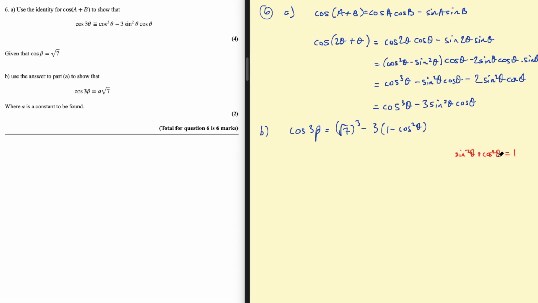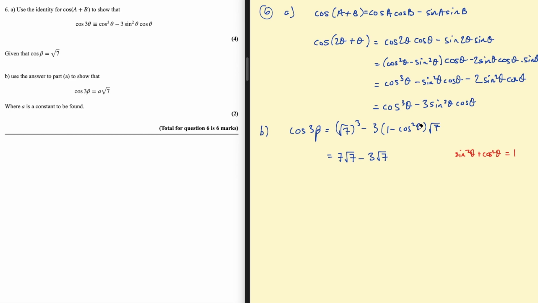So sine squared equals 1 take cosine squared. And this is multiplied by cosine theta, cosine beta, which is square root of 7. Okay, and then square root of 7 cubed is 7 root 7. And this is 1 take cosine squared.